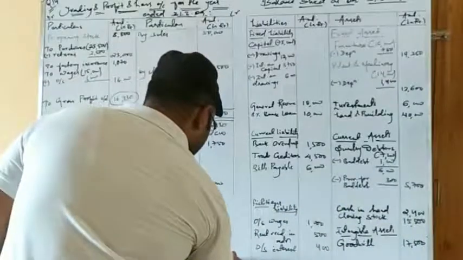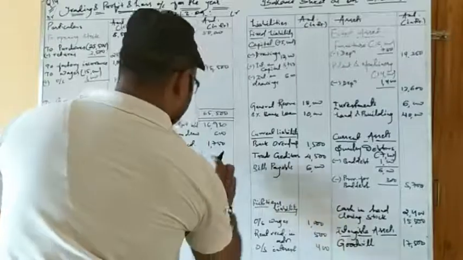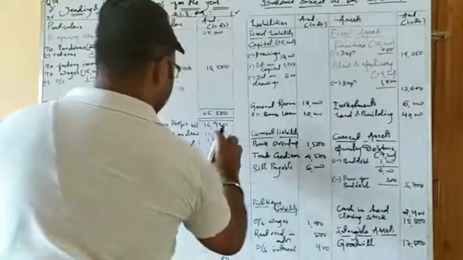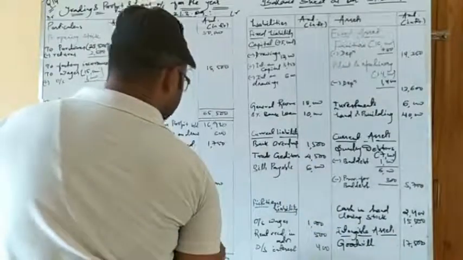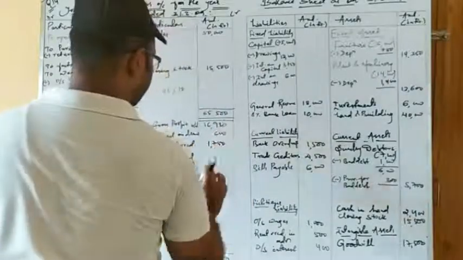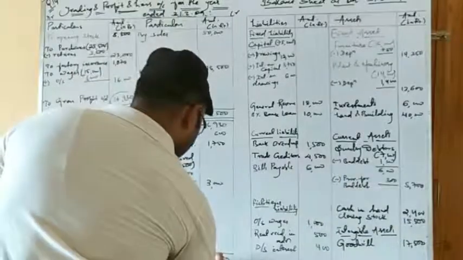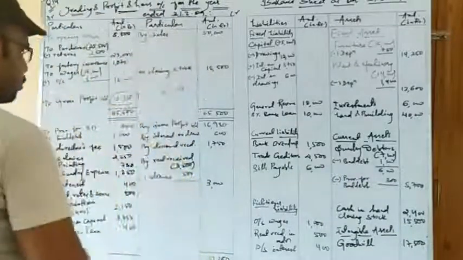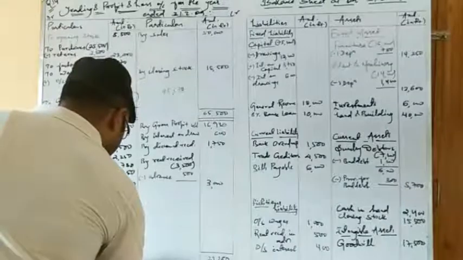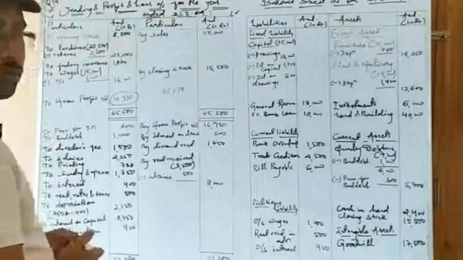This is 3580. 3, 5, 8, 6 and 15, 7, 22. 2, 3, 5, 1, 6, 16, 22. So the total that comes here is 22,280, and as per the matching concept, the highest total is put on both sides.